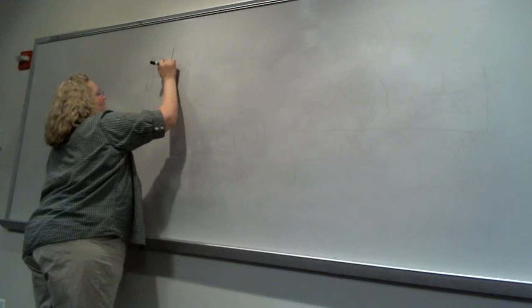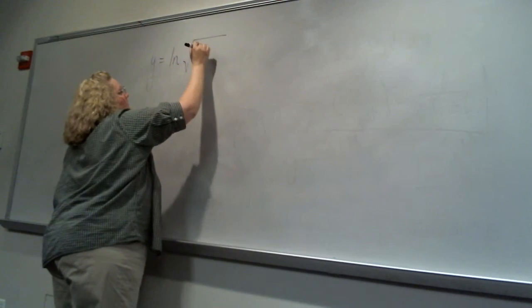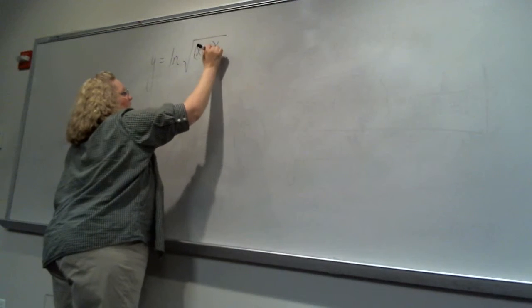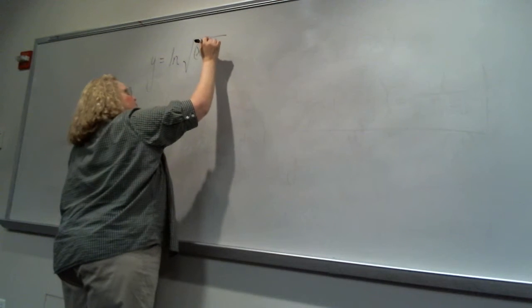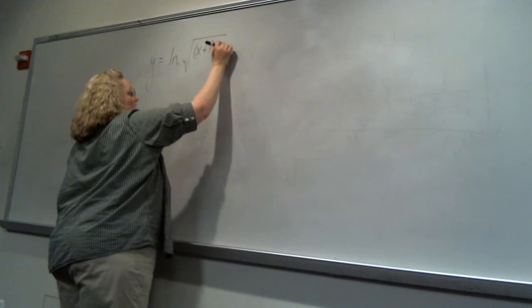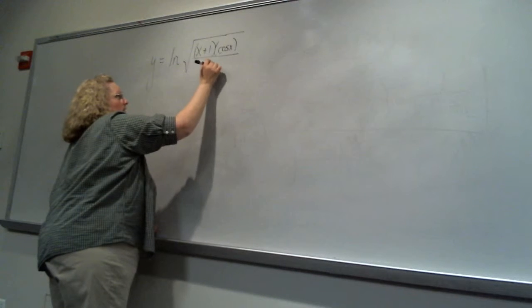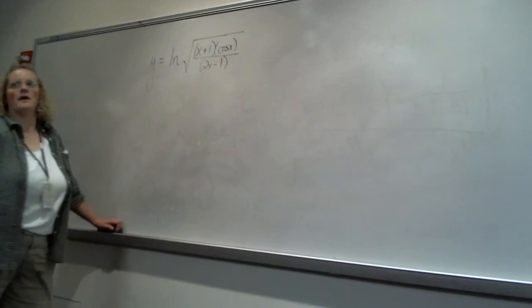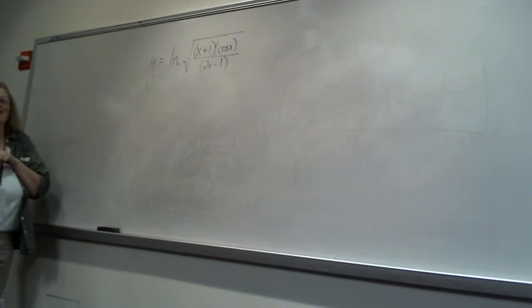Y equals the natural log of the square root of x plus 1 times cosine of x over 2x minus 1. That is it. This function is not nice in any way, shape, or form.